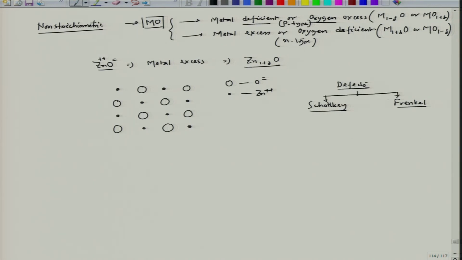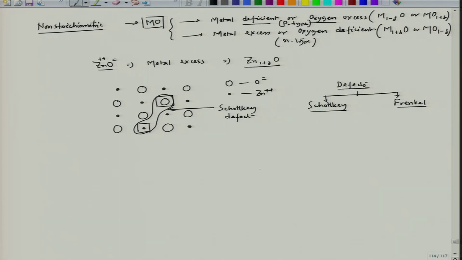Fine. So, if I consider Schottky, for example, in this particular situation, if it is a Schottky defect, then one anion and one cation, this pair will be vacant. So, that time it becomes Schottky defect.